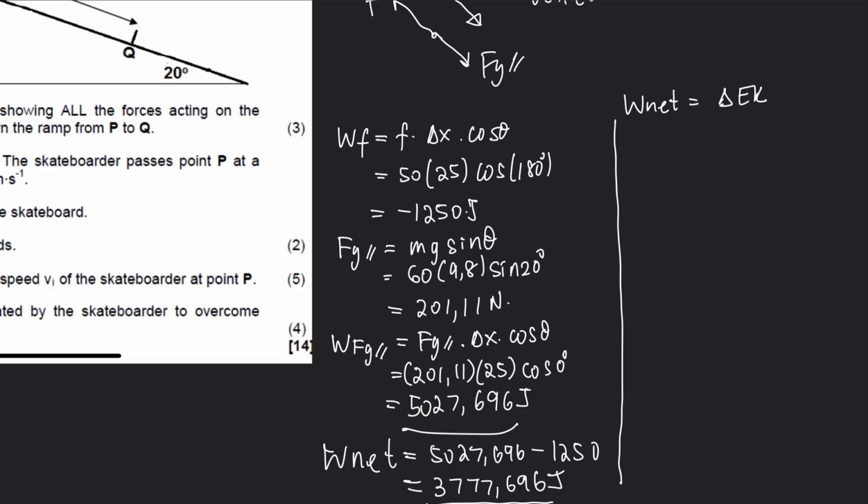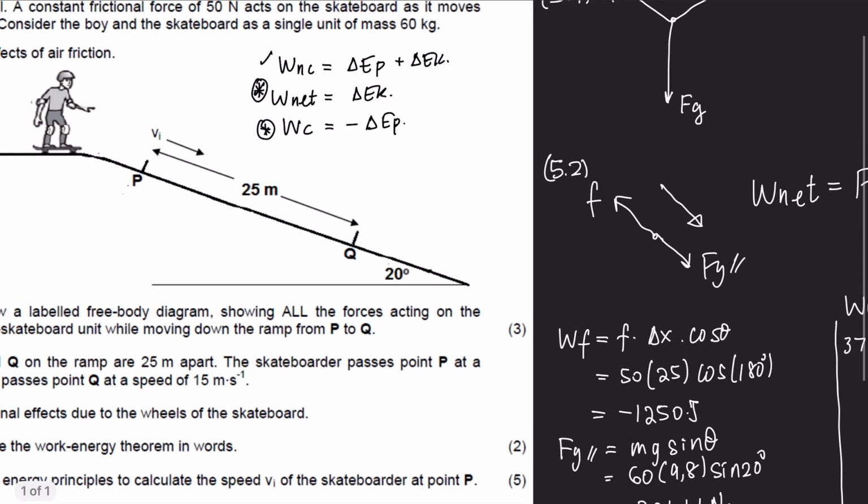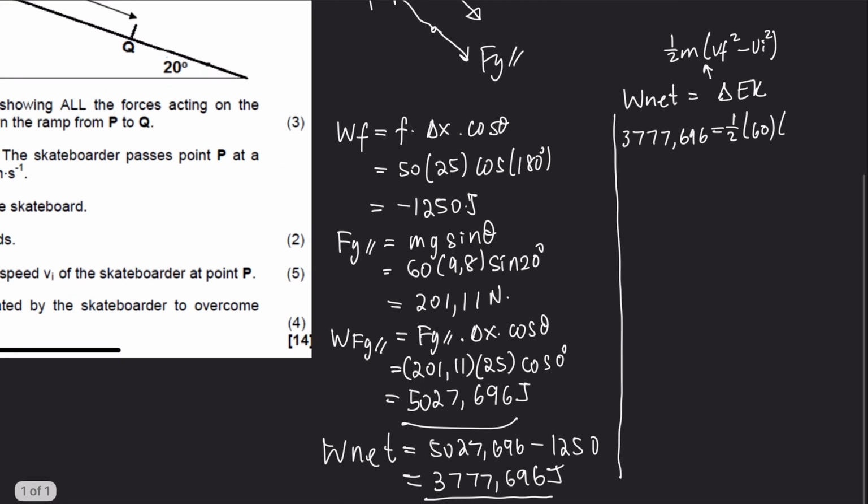We worked out W net, 3777,696 equals delta EK, which just means half m times Vf squared minus Vi squared. So it's going to be half of 60 times Vf, the velocity at Q, which was 15. So 15 squared minus Vi squared. We don't know what Vi is.